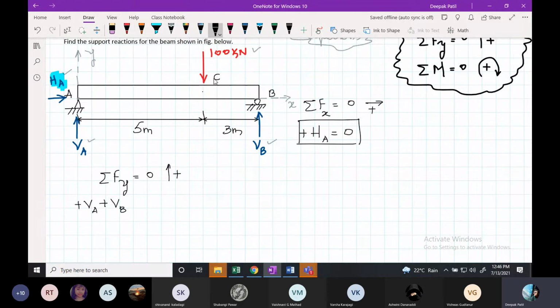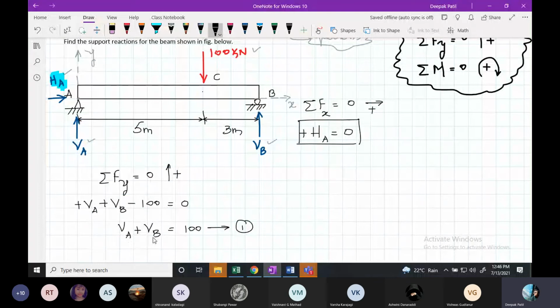But the 100 is in the downward direction, so I write minus 100. No other force is in the Y direction. So equal to 0. I can rewrite this as VA plus VB is equal to 100. Call this equation 1.